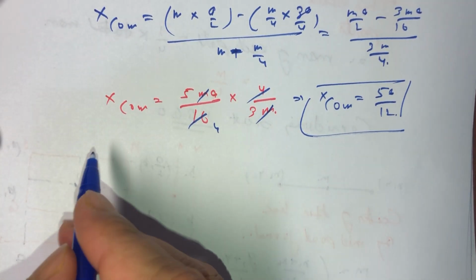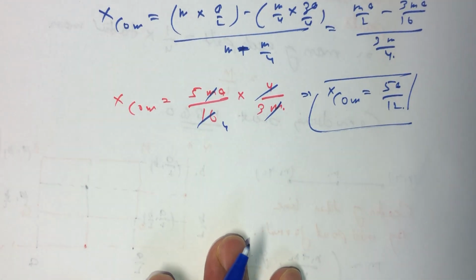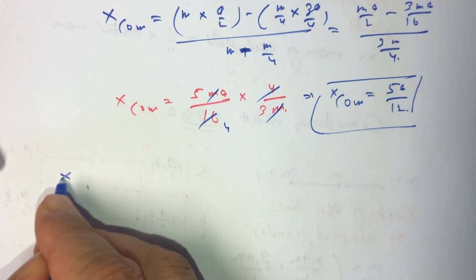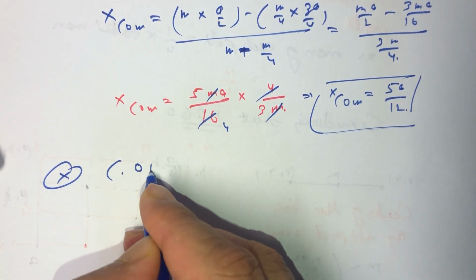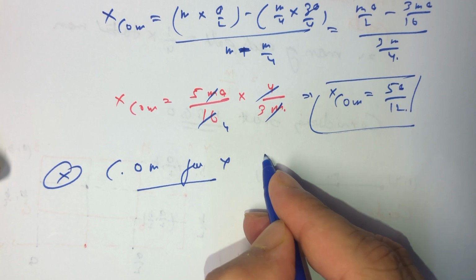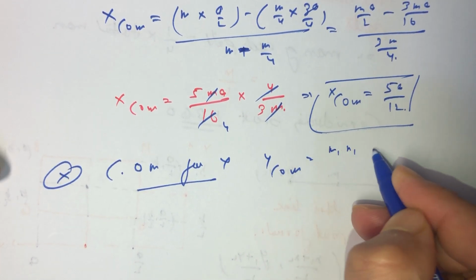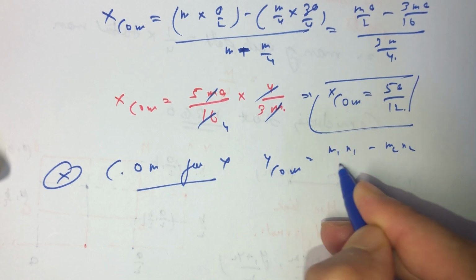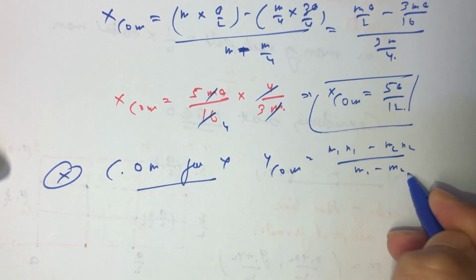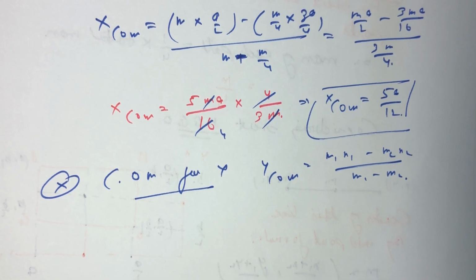Similarly, for the y coordinate of the center of mass, the formula remains the same: m1 y1 minus m2 y2 divided by m1 minus m2. We substitute the values.